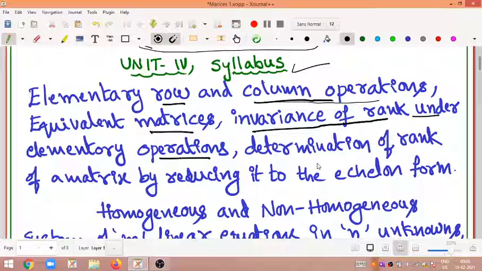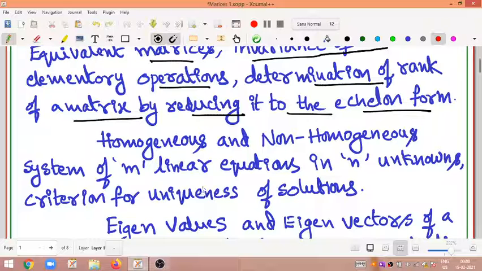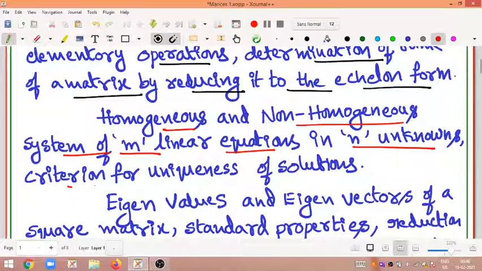Next, determination of rank of a matrix by reducing it to the echelon form. Next, homogeneous and non-homogeneous system of m linear equations and n unknowns, criterion for uniqueness of solutions.